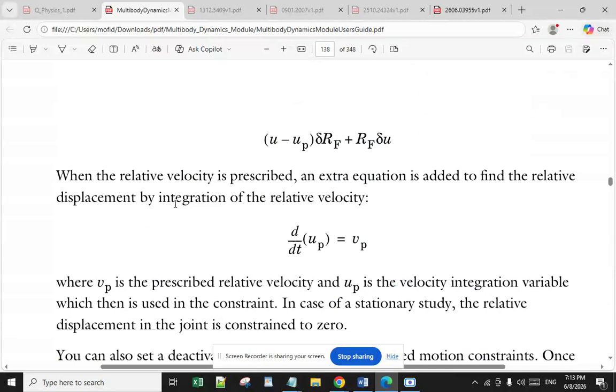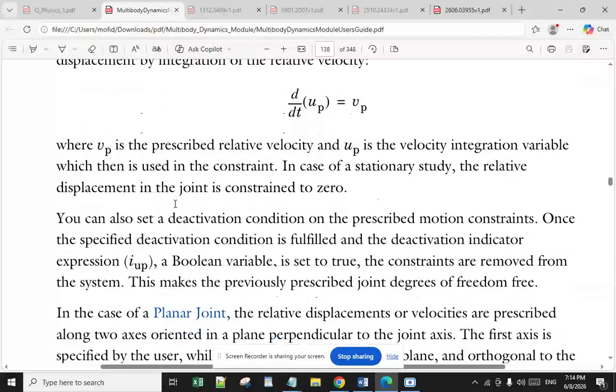When the relative velocity is prescribed, an extra equation is added to find the relative displacement by integration of the relative velocity. The derivative of UAP with respect to time is equal to nu AP, where nu AP is the prescribed relative velocity and UAP is the velocity integration variable, which then is used in the constraint. In case of a stationary study, the relative displacement in the joint is constrained to zero.